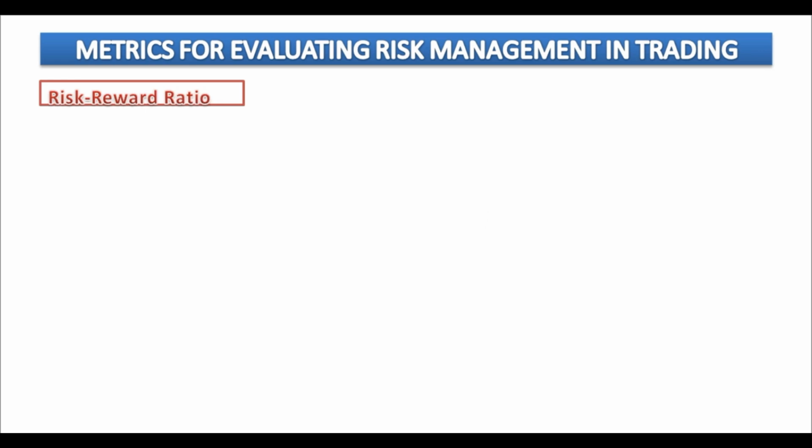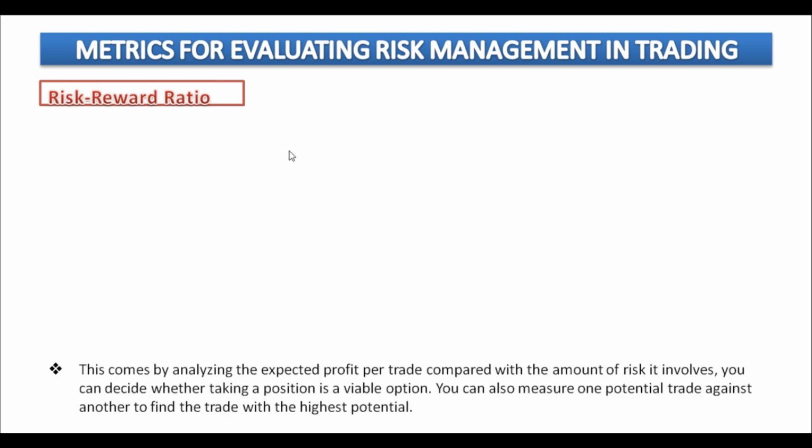Okay guys, what are the metrics for evaluating risk management in trading? The first metric is going to be our risk reward ratio, like I just showed us on the chart.